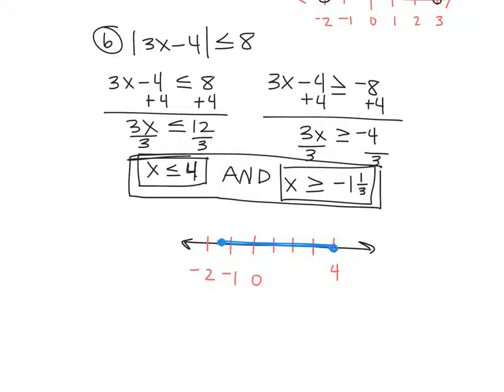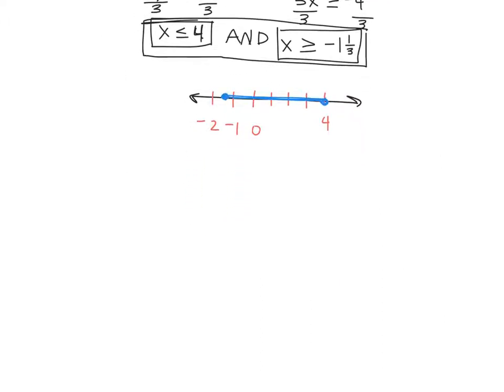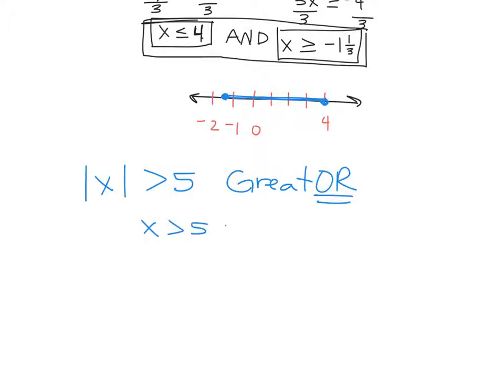All right. Then the greater is the way I want you to think about it. If I tell you the absolute value of x is greater than 5, you are thinking greater, an or problem. Okay, so it's greater than, which means x is going to be greater than 5, or x is going to be less than -5.